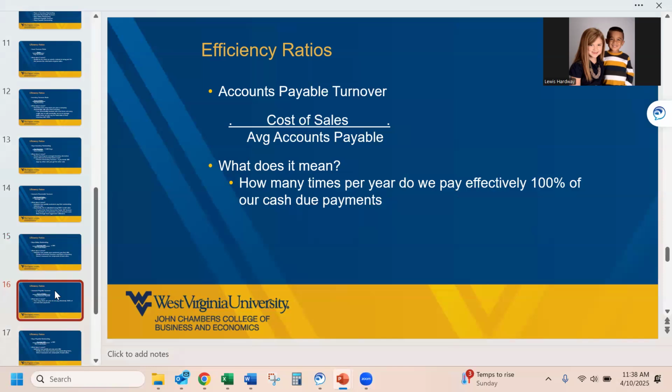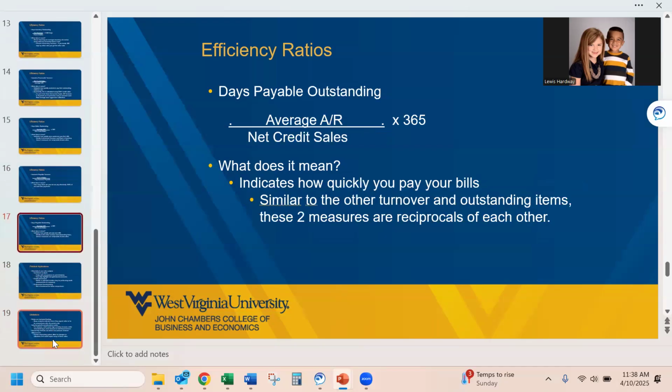In our example with General Mills, they had a very long accounts payable turnover, and that directly relates to having extended terms with your suppliers. That can be good because it lets you keep that cash in your pocket, in your accounts, longer, and that's a good way to lengthen that cash conversion cycle, right? Or no, it would shorten it because you're holding on to it. You want it to be shorter.